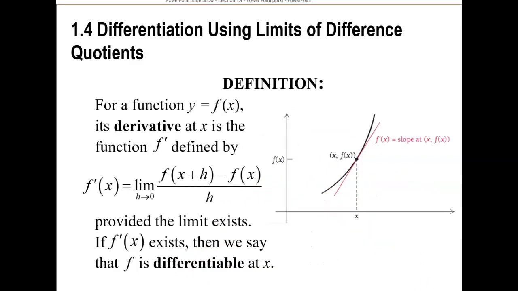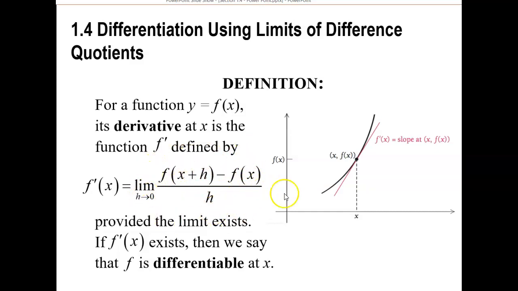So for a function f of x, its derivative, defined by the notation f prime, is defined by the instantaneous rate of change, or the slope of the tangent line to the curve at that point. So f prime of x, meaning that we're finding the derivative of the function f, is the limit as h approaches 0 of f of x plus h minus f of x, over h.